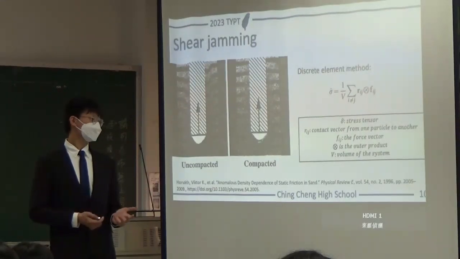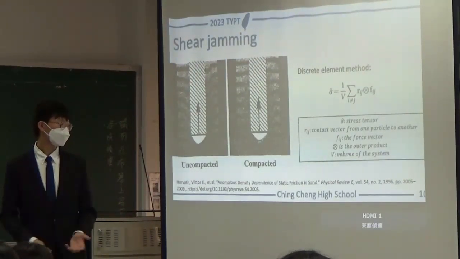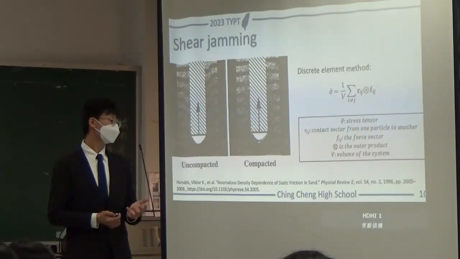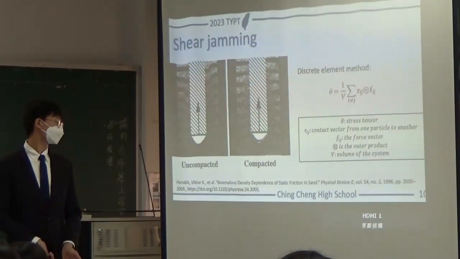And the Fij means the force vector, and this is the outer product. The V means the volume of the system.